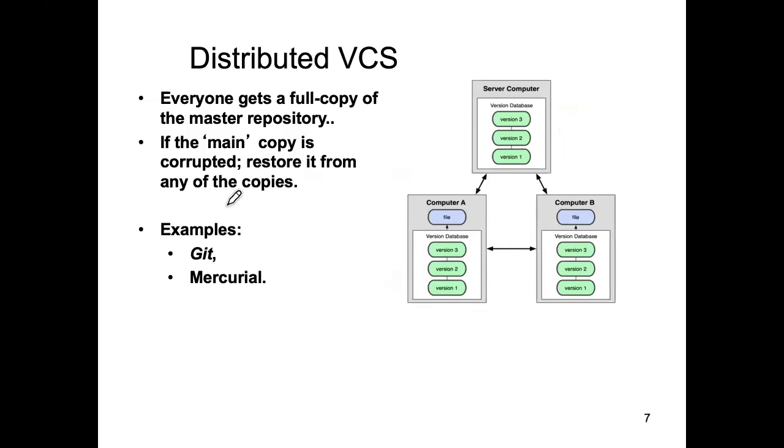The alternative model is the distributed model. With the distributed model, each local computer, so you can imagine these are computers owned by each team member, or that each team member works on, has a full copy of the repository on each team member's local machine.